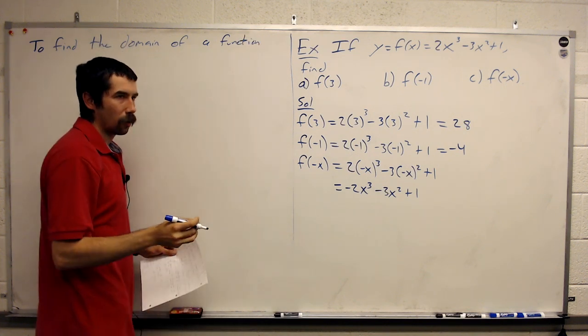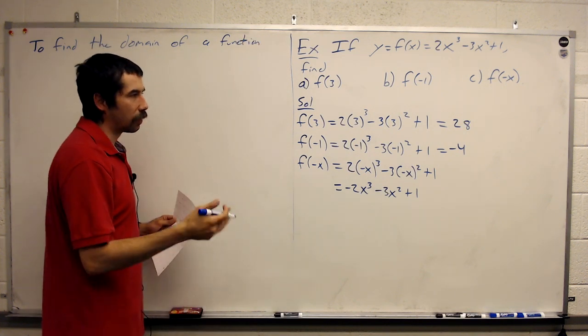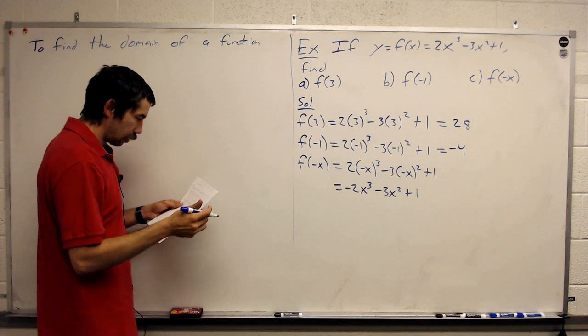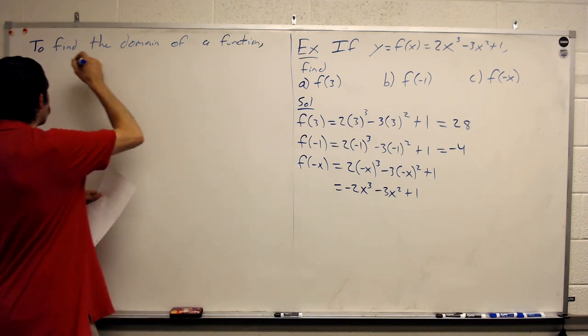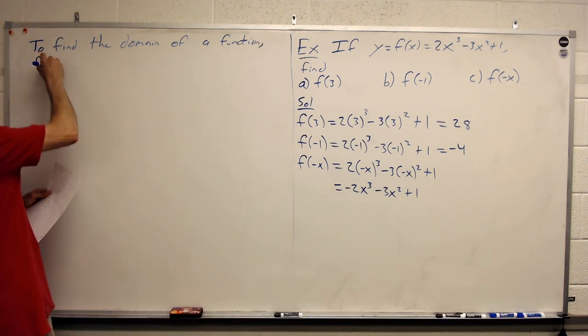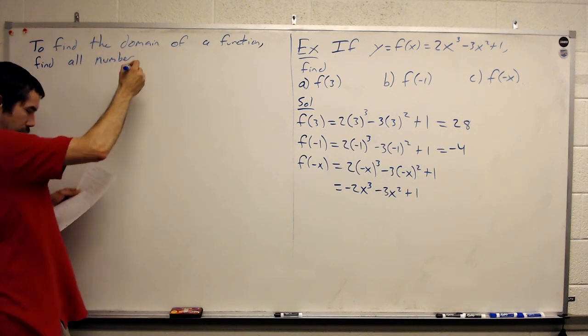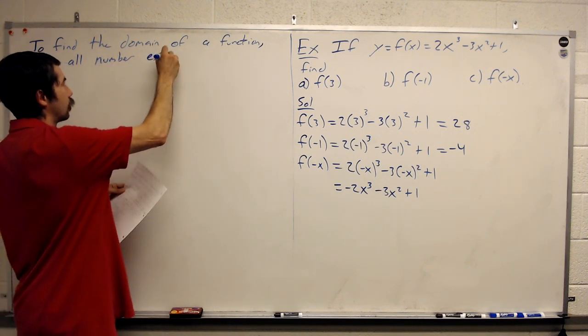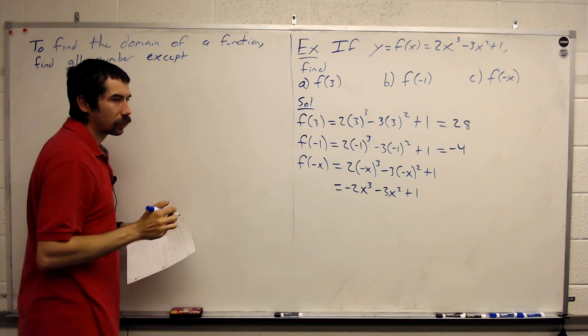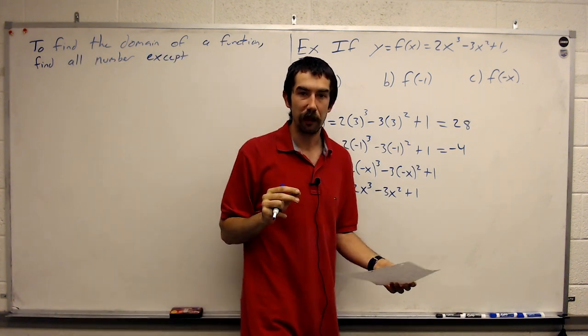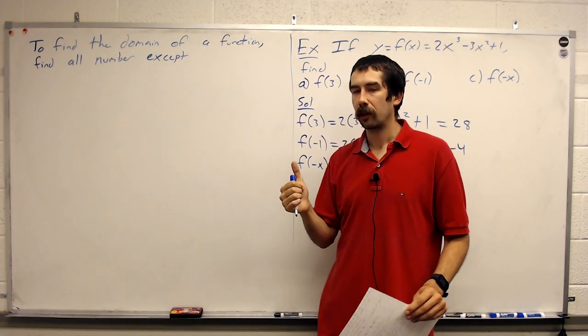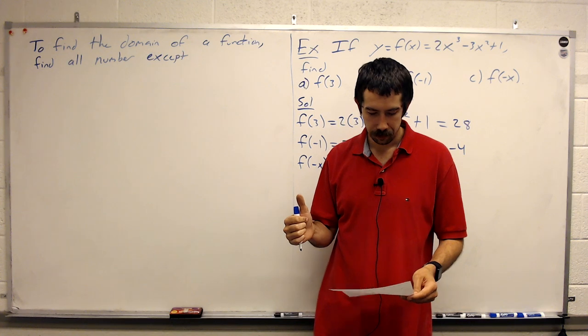so basically, what values are we allowed to sub into our function? We're going to find all numbers except, all right, there's two rules we need to remember. The first rule, you cannot divide by 0.